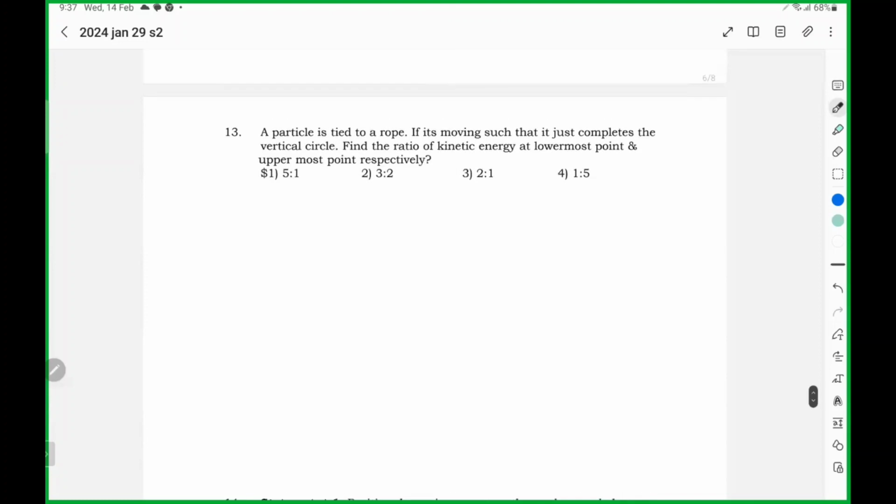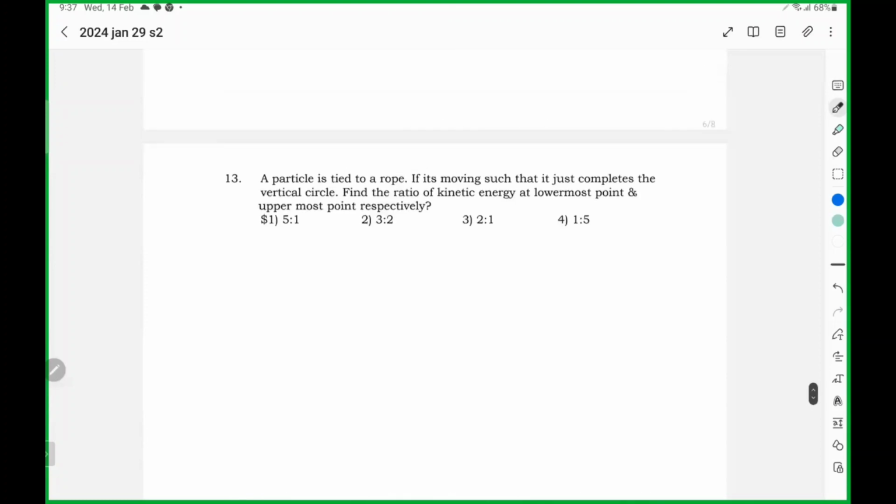A particle is tied to a rope. It is moving and just completes the vertical circle. Once it just completes the vertical circle, the minimum velocity which we must give to complete the vertical circle is root 5 gr.